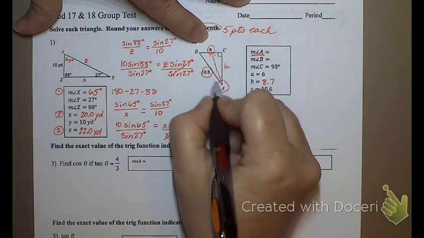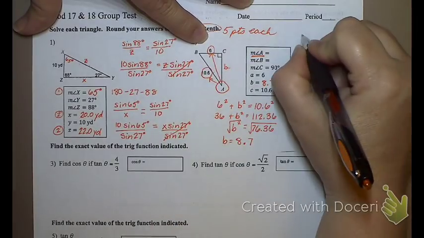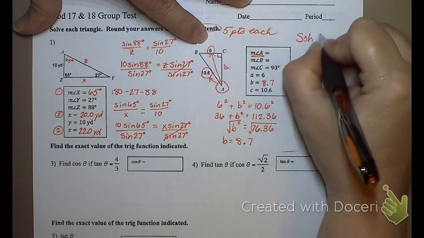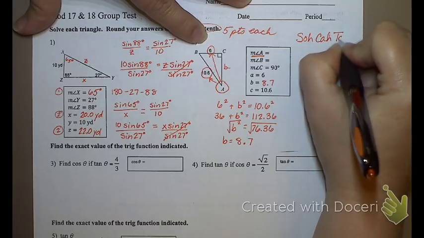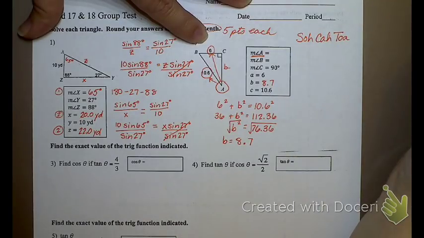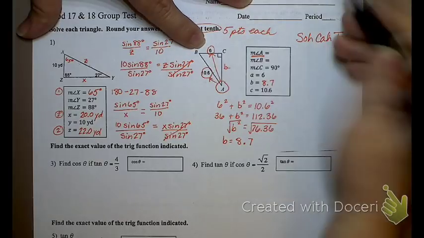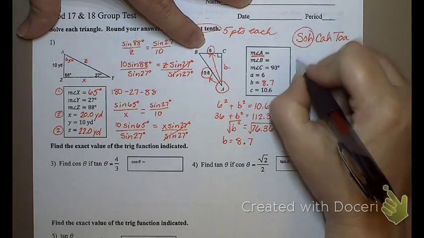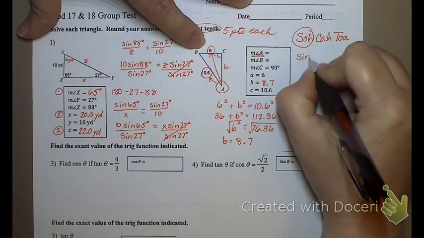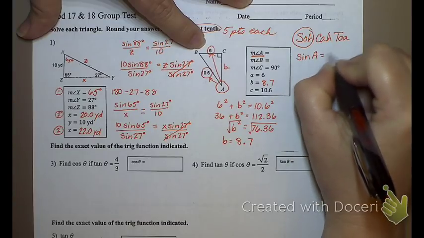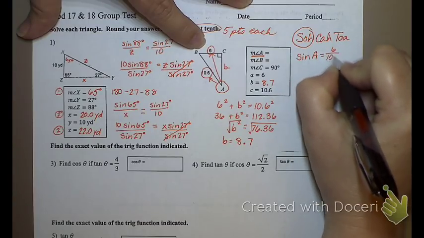The other one is hypotenuse. So with SOHCAHTOA, which one am I going to use if I want to use opposite and hypotenuse? Sine. So in other words, the sine of angle A is equal to 6 over 10.6.